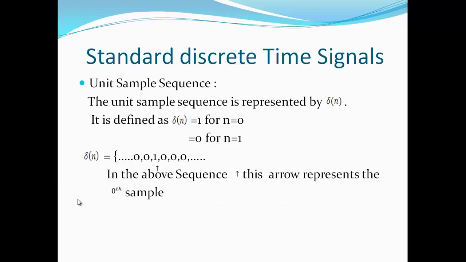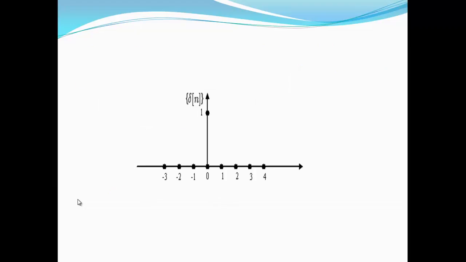Now, what is a unit sample sequence? Let me first show you this diagram. The unit sample signal is that type of signal whose amplitude has a value of 1 at the 0 sample instant. Apart from that, it is 0 throughout.